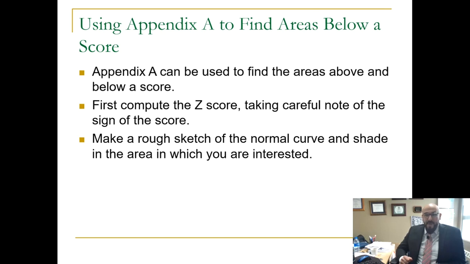Because there is a table for the positive scores and another table for the negative scores. We need to know exactly which table to use. The last point, in order to be more accurate, and this is my preferred method for working with the z-score: make a rough sketch of the normal curve and shade in the area in which you are interested.